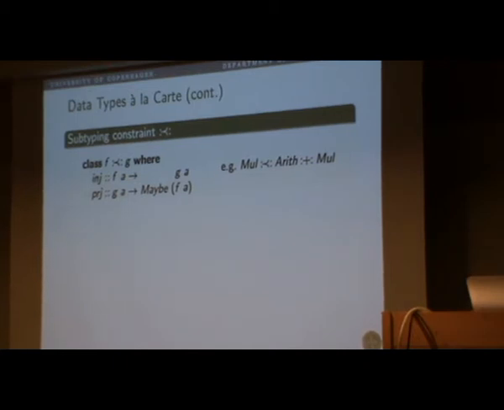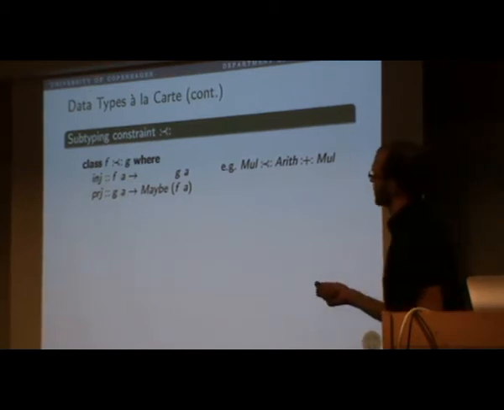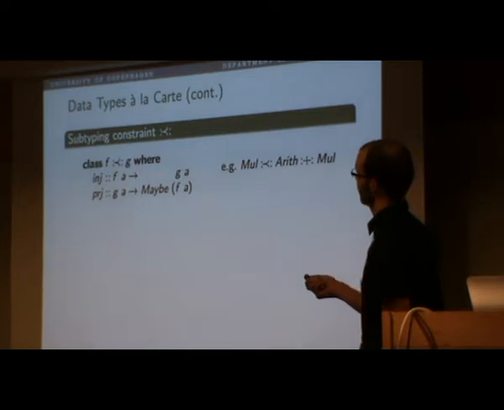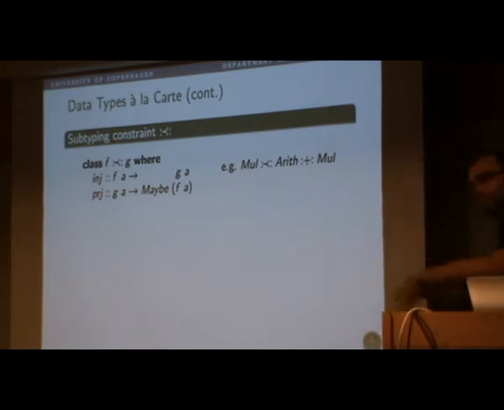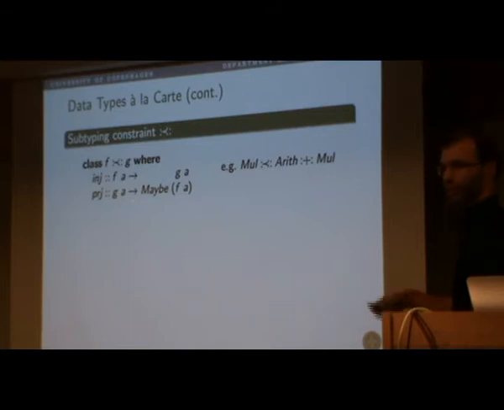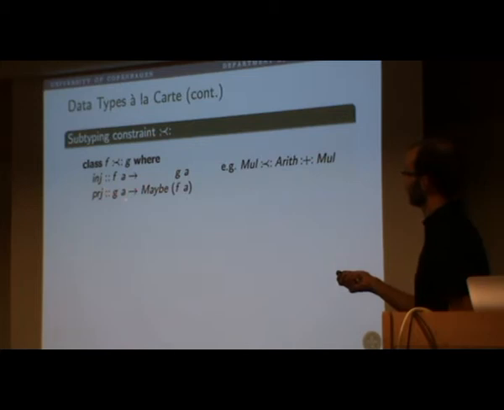The idea is that we want to have, along with this type class, some operations that allow us to go from the smaller value f of a to the bigger value g of a, so inject it into the bigger functor. And also the other way around, where we can do some kind of type-safe type casting, where we go from the bigger one potentially into the smaller one, or nothing.